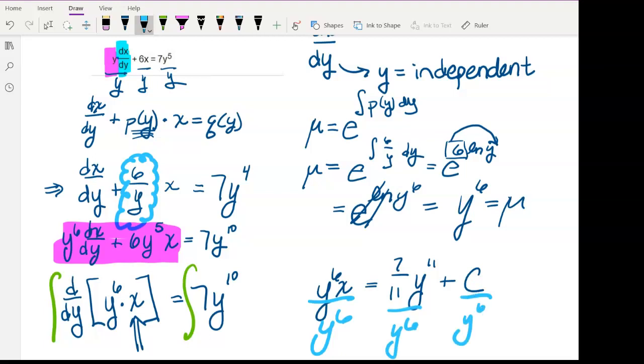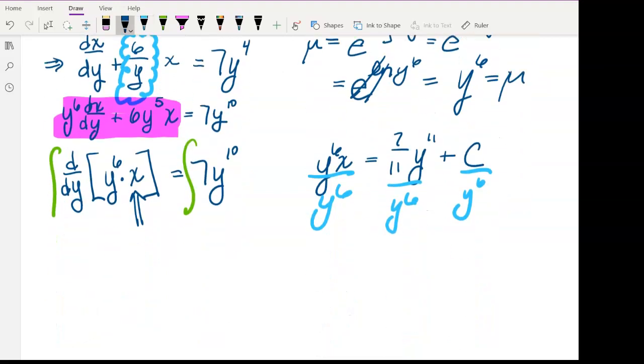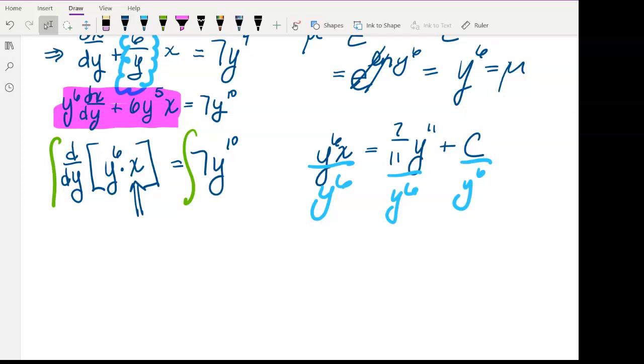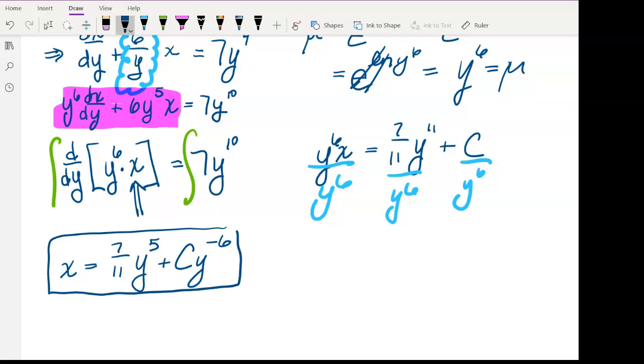And I like to divide every single term individually because every term is going to simplify differently. So what I'm left with is x equals 7/11 y to the fifth plus c y to the negative 6. This is the general solution, since we have our arbitrary constant there, for that linear differential equation.